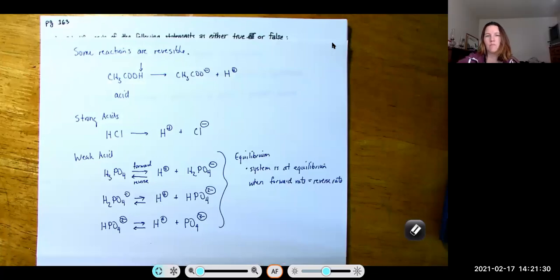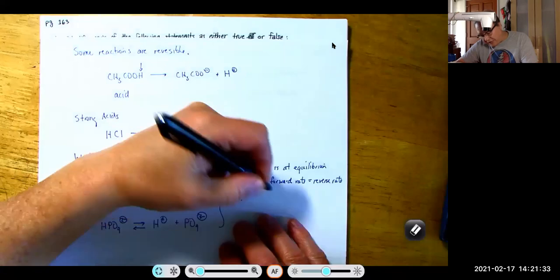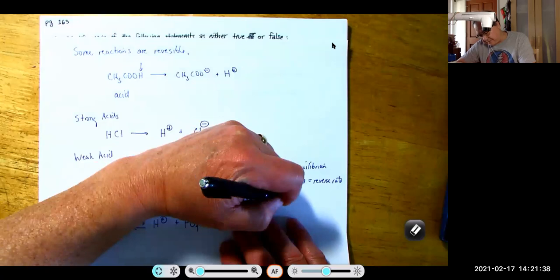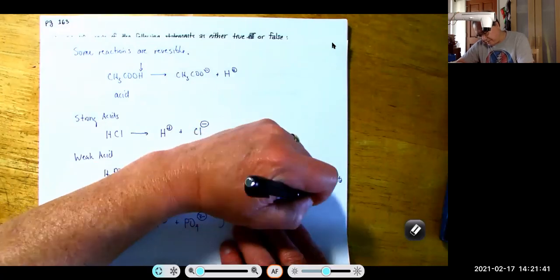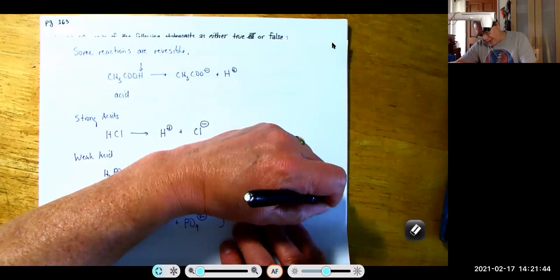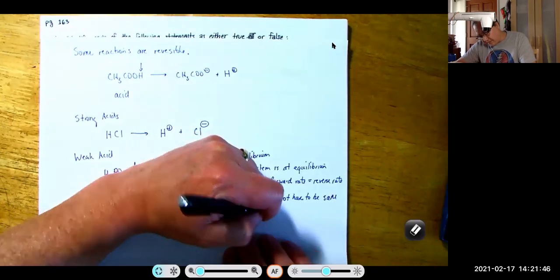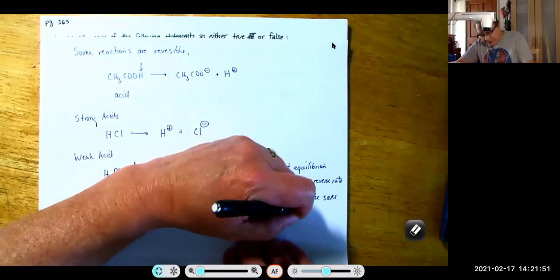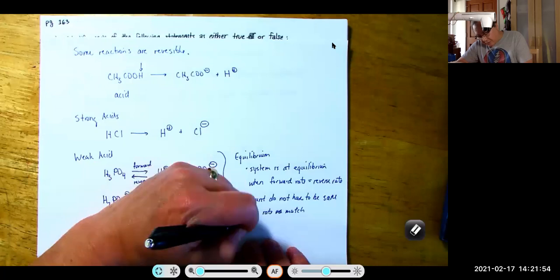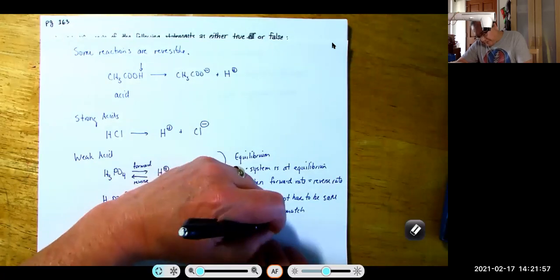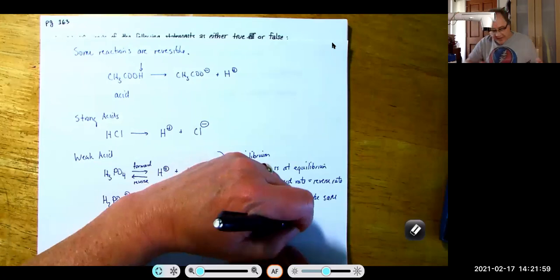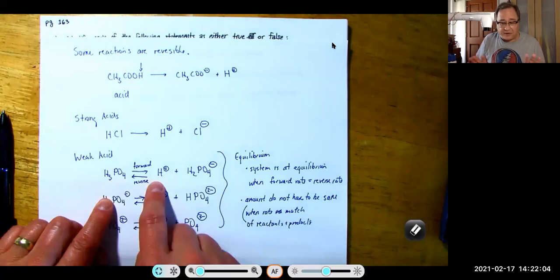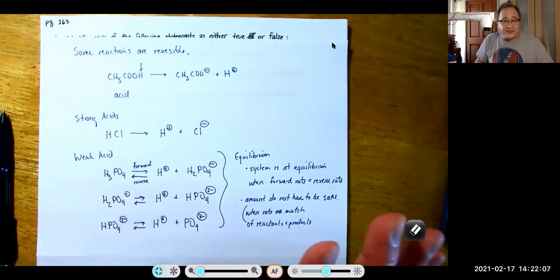Now, the amounts do not have to be the same when the rates match. When I say the amounts of reactants and products, that is to say, at equilibrium, we won't have 50 of these, 50 of these, and 50 of these. That's not equilibrium. Okay. Equilibrium is when the change is the same.